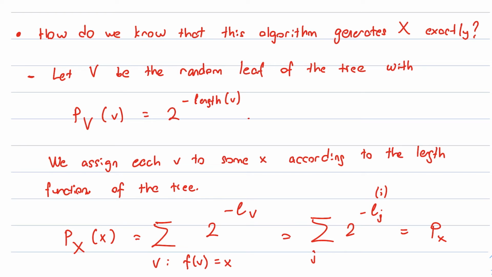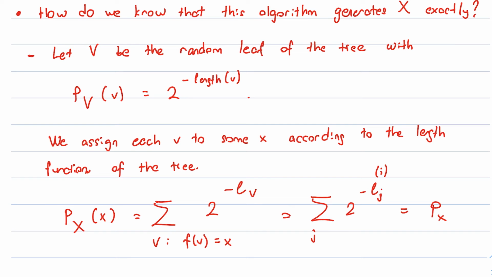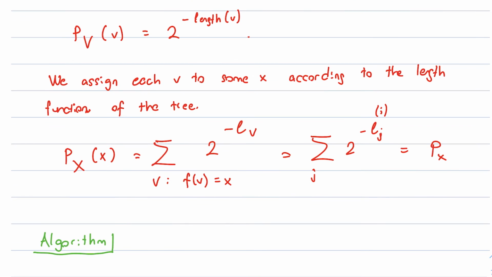In order to do that, first we let v be the random leaf of the tree, and as we showed, its probability is equal to 2 to the minus length of v. We assign each v to some x according to the length function of the tree.